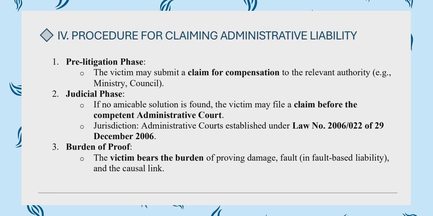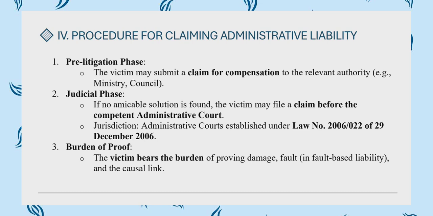So you cannot carry yourself to the administrative court without a pre-litigation complaint that you have placed at the administrator's disposal. Now, if there is no amicable solution found to your problem, then you can come before the competent administrative court.